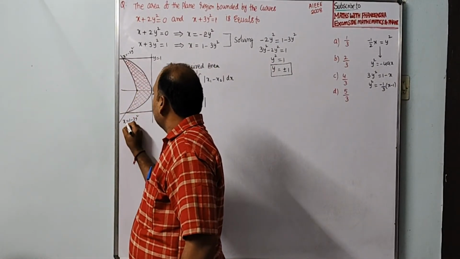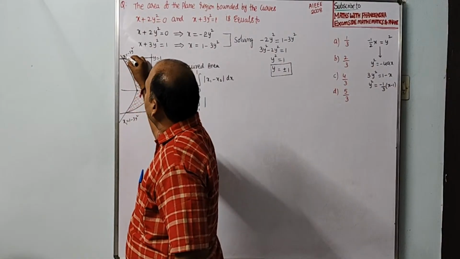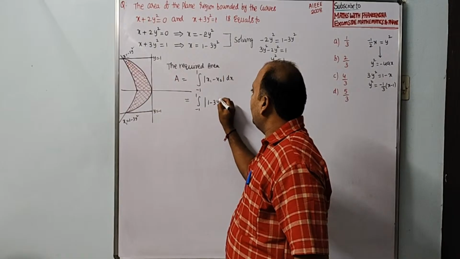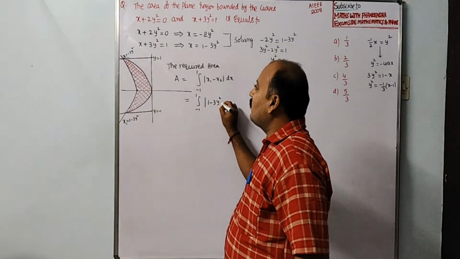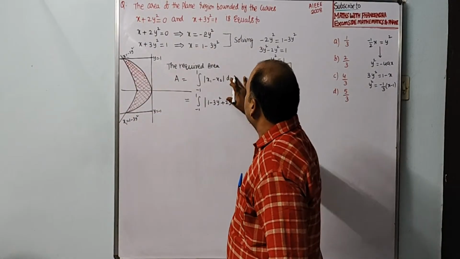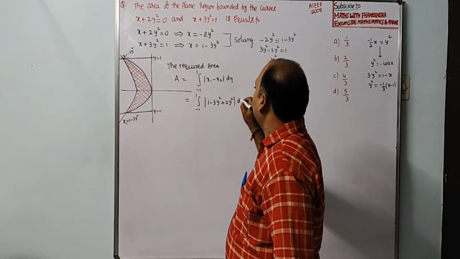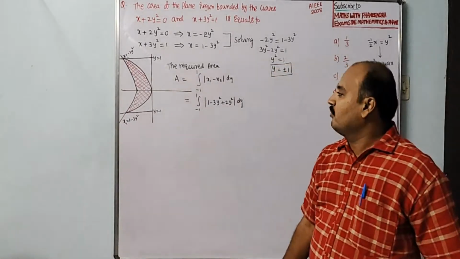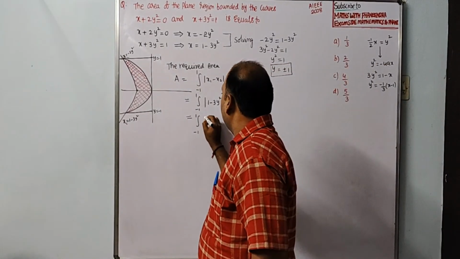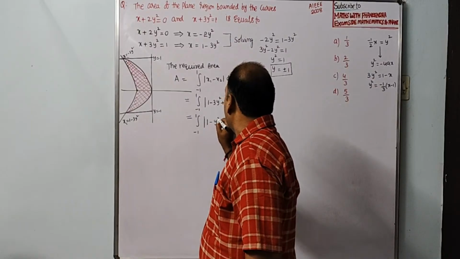This is x1, this is x2. So 1 minus 3y square minus of minus 2y square into dy, with respect to y.